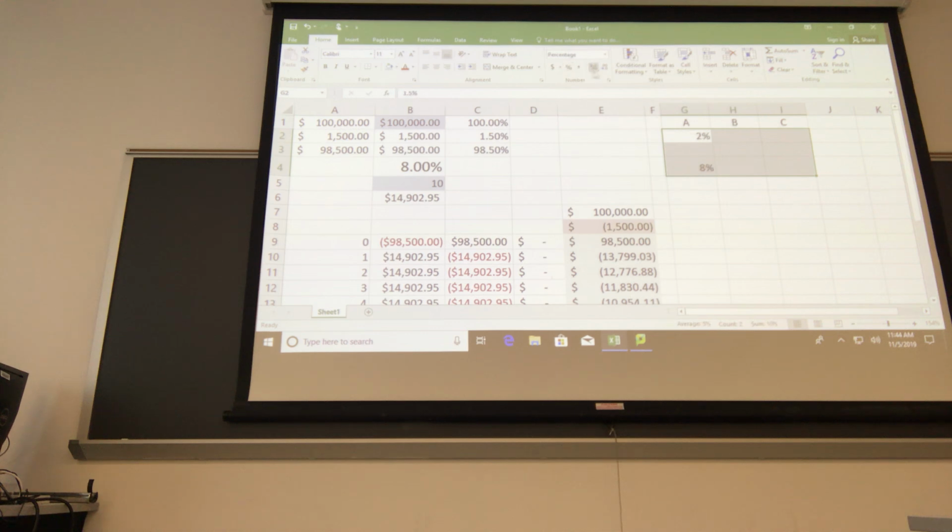I mark it. Then I go on to the second case. I have fewer points and a higher rate. Or I have more points and a lower rate.